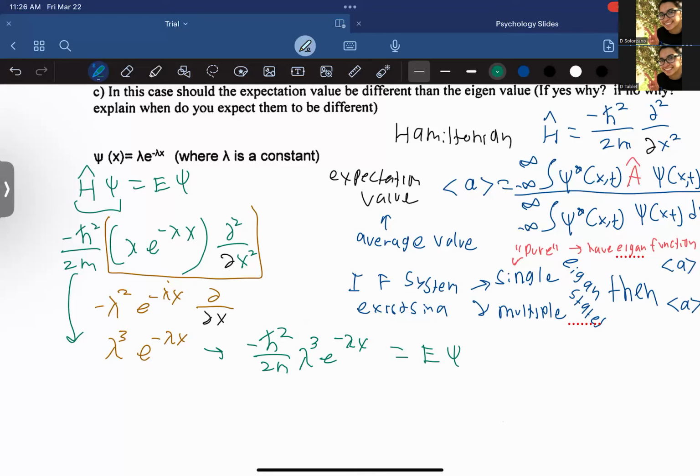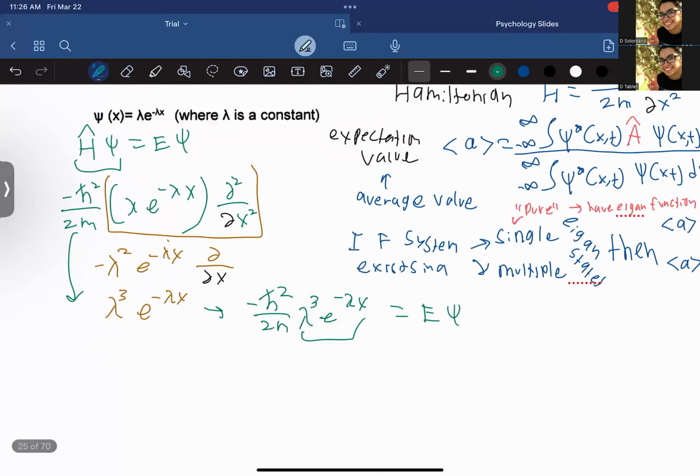Our eigenvalue, then you're just going to need to extract the wave function from here. So we only need to remove 2 of these because our original wave function already had one. 2m squared, and then our wave function, a minus.